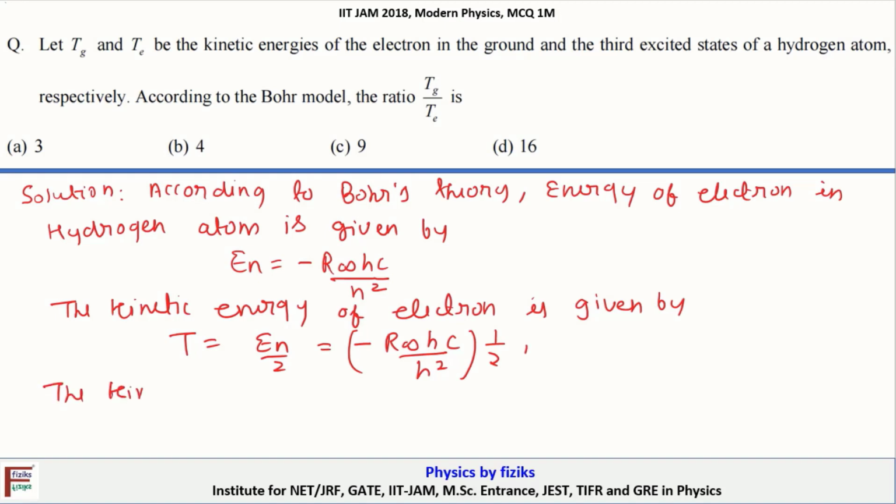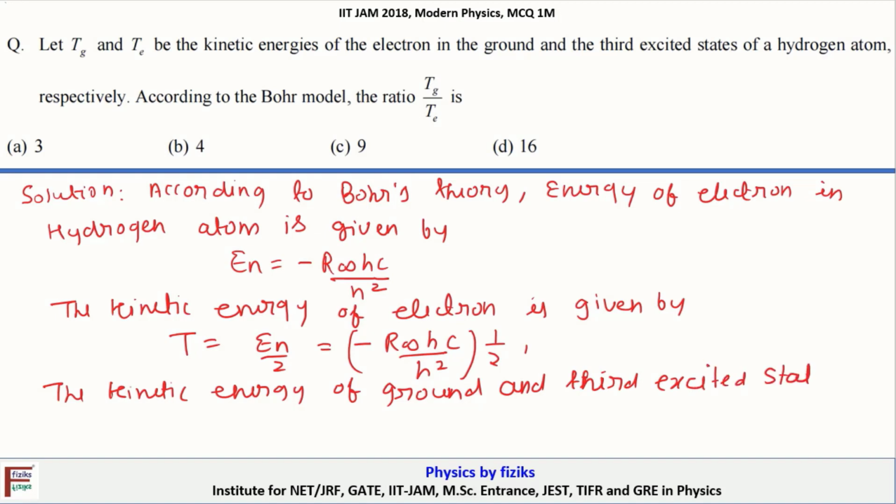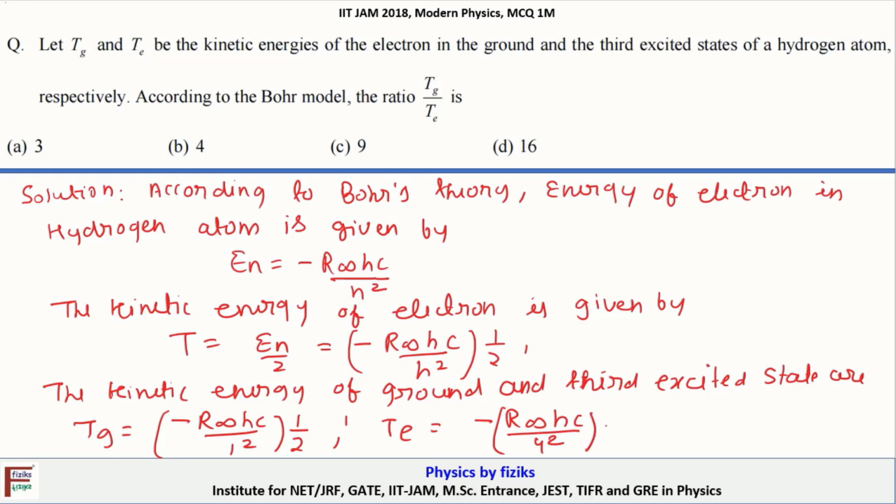The kinetic energy of ground and third excited state are Tg equals to minus R infinity Hc by 1 square into 1 by 2 and T equals to minus R infinity Hc by 4 square into 1 by 2.